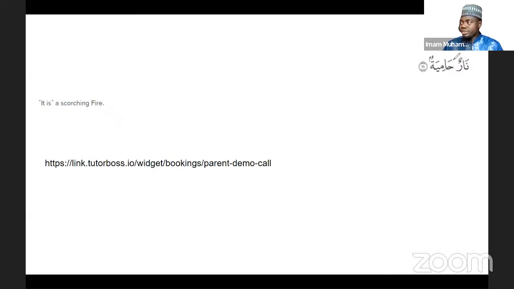So this is the rule of izhar here, meaning you don't introduce the gunna that's coming from the ra into the ha here, because there are 6 letters of izhar, meaning letters that you don't introduce gunna to. So you take away gunna from them. You take away the nonation sound from them. نار حامية.